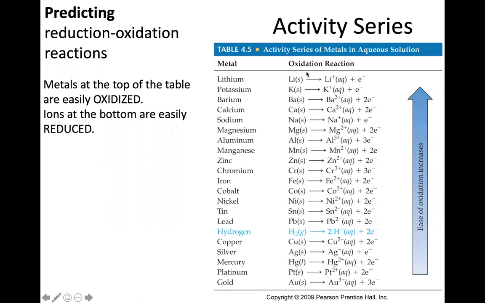The ones at the top, something like lithium, I don't think you've ever seen a piece of lithium solid before, but you may have seen a salt that included lithium ions or sodium. Unless you're in a chemistry lab, you've probably never seen a piece of sodium solid, but you've seen sodium ions many times within table salt. So my point is that it's all relative. The things at the top easily become ions, and the things at the bottom easily become the elemental form.